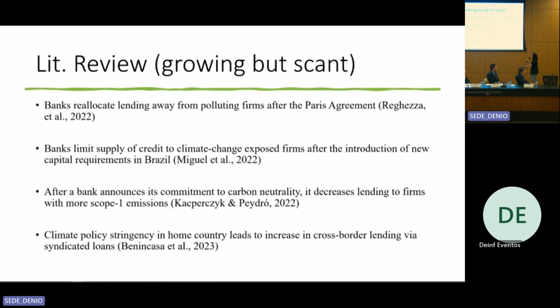We find that in Brazil, banks respond to higher capital requirements by shifting their supply of credit away from firms that are more exposed to climate change. So there is evidence on this, but we still don't know much about it. This is where our paper is going to make a contribution.